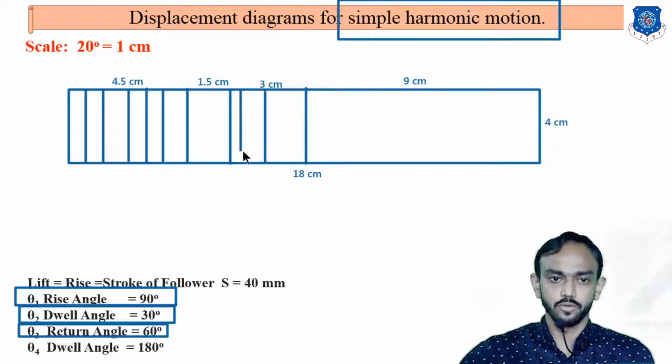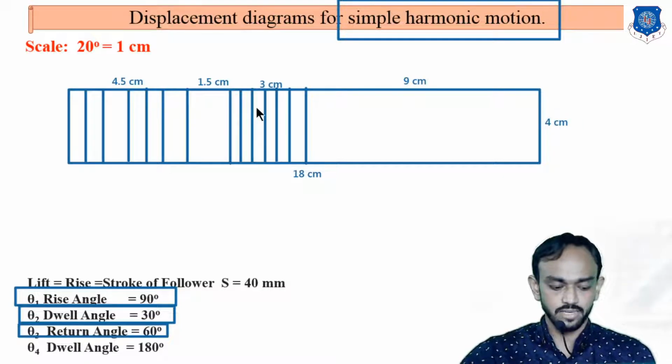You can use the inclined line method. So now you have divided rise and return in 6 parts.